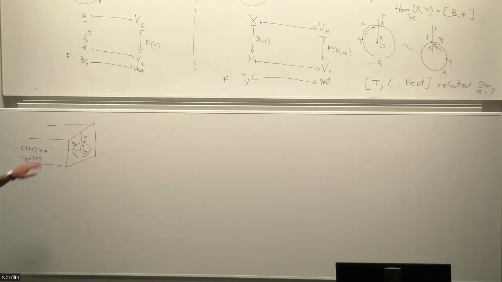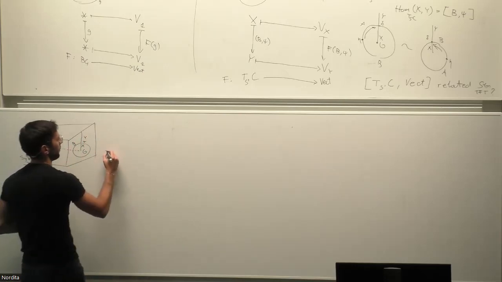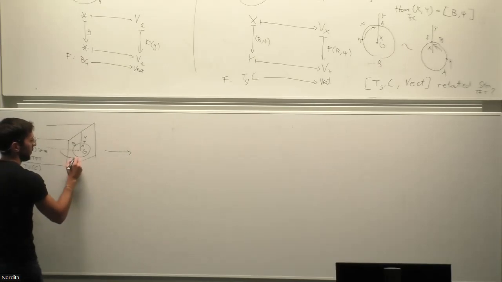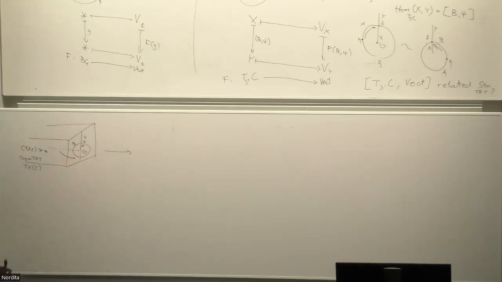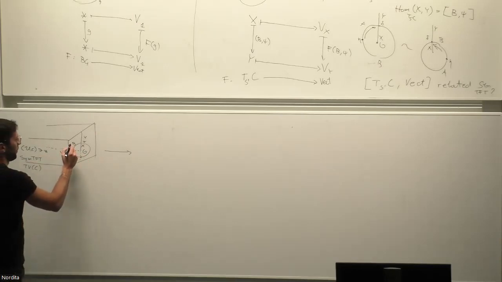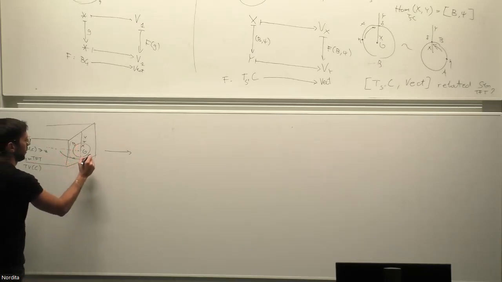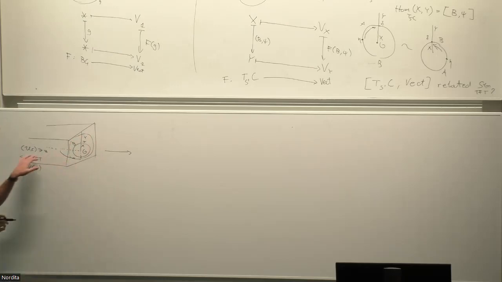Okay. Well, what we can do, from the symmetry TFT point of view, is always take the line that lives in the bulk and project it down on the boundary, and eventually we're gonna have a picture that we can resolve thanks to the notion of the braiding.